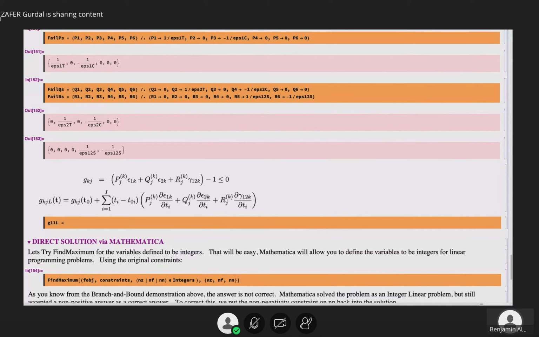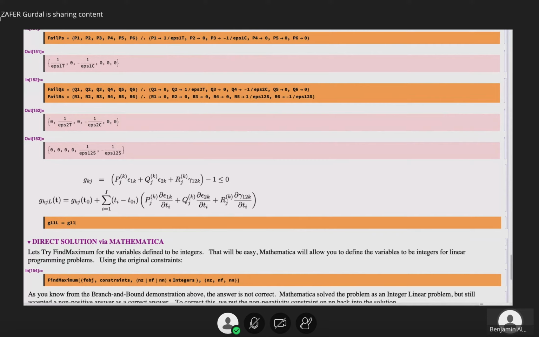Now I can write that equal line. I want to define it as an expression equals. So the first thing is the constant term, G11.